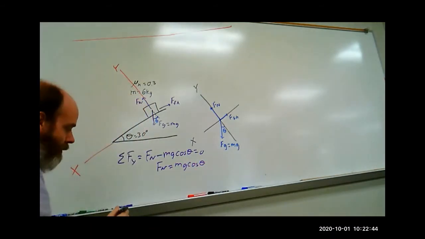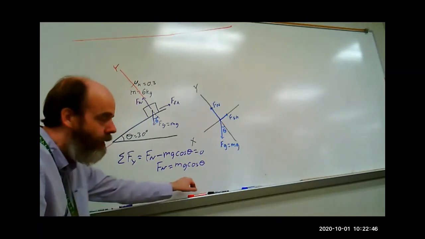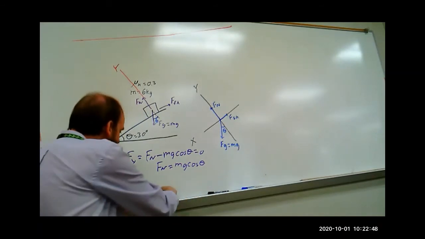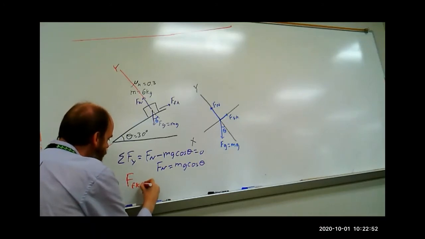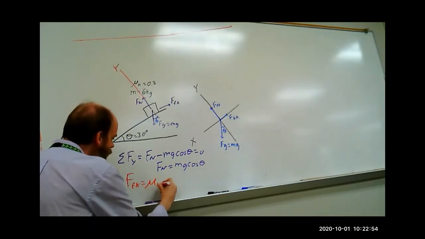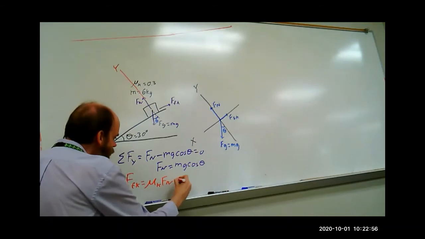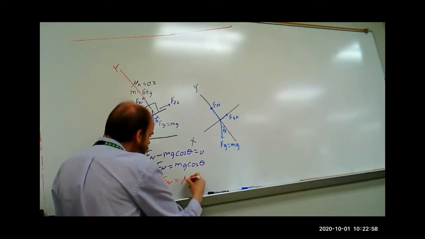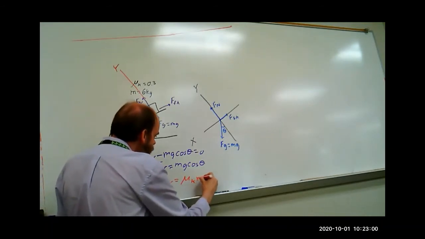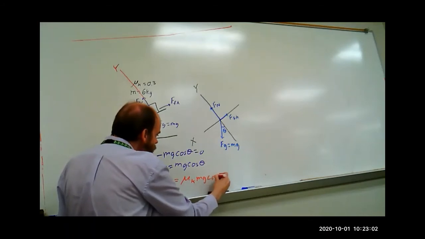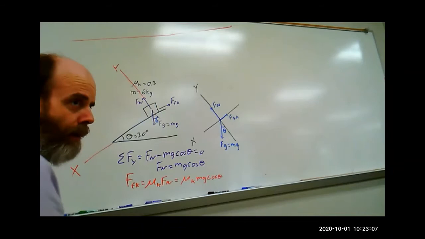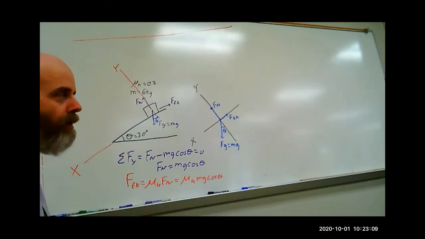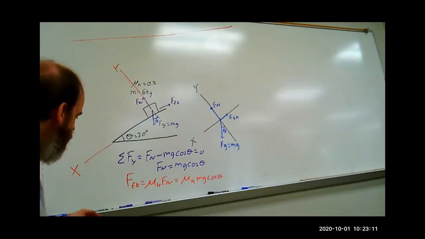Also, once we have Fn, we can get force of friction. Force of friction kinetic equals μk Fn, which is μk mg cos theta. So now that we have the force of friction, we apply Newton's second law along the x-axis.